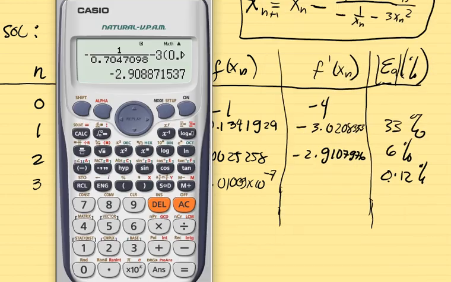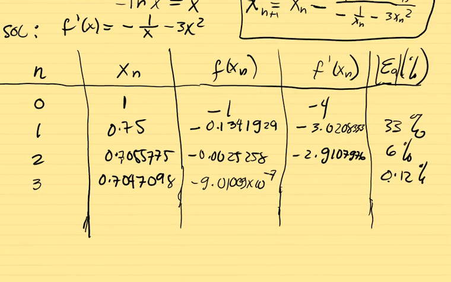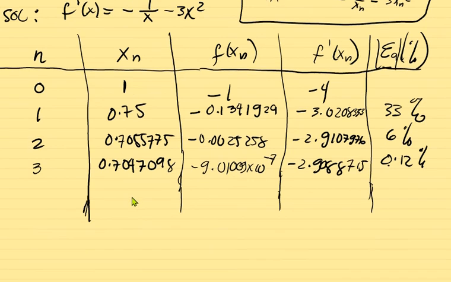So this will be negative 2.90888715. Then we go to the fourth one.